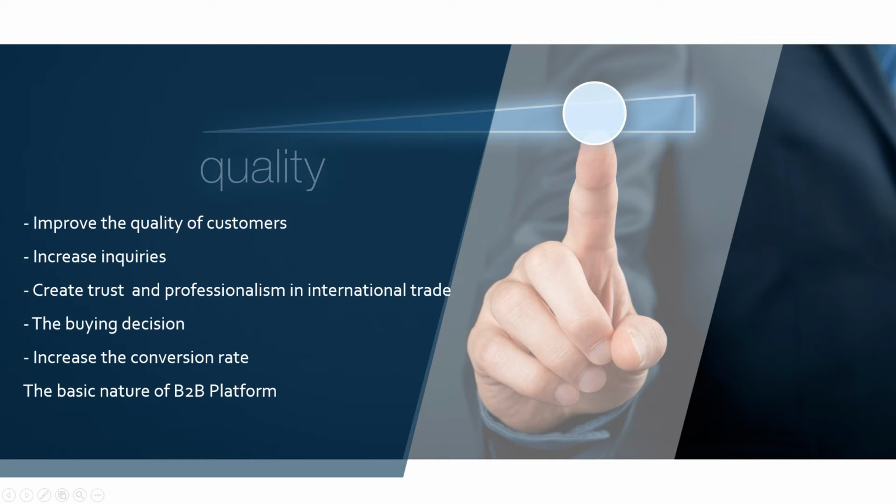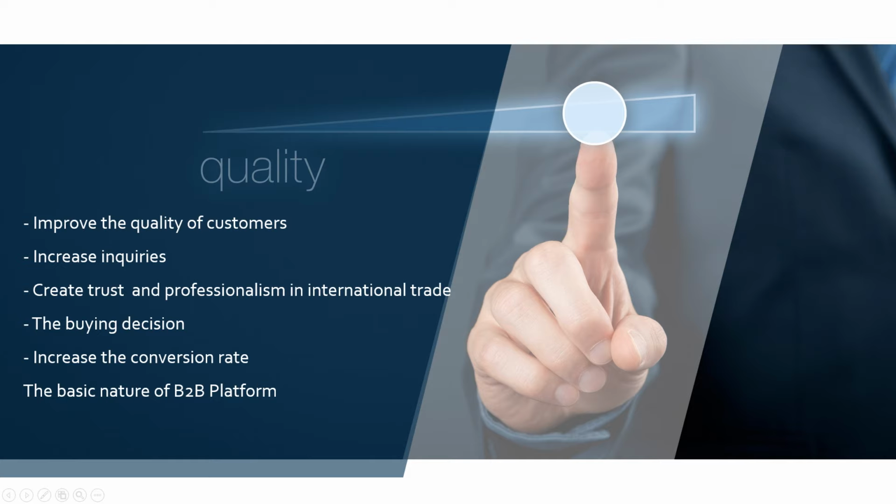Okay. The third criteria is to create trust and professionalism in international trade. If I show you two different product page templates, the first one has a normal design and doesn't provide much information, versus the other supplier, who provides enough information and also shows me certifications, the factory size and their customers.